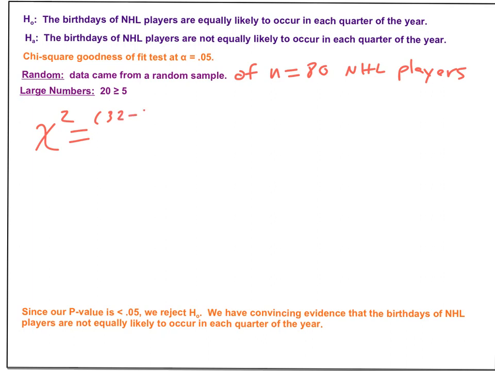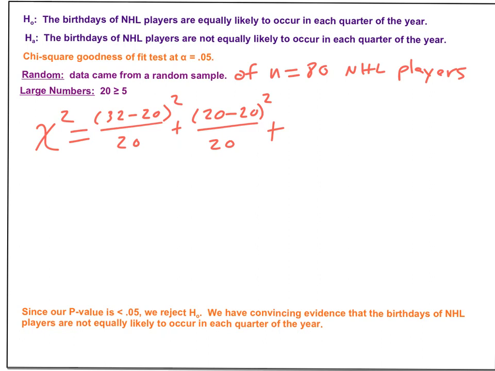I'm just going to write out all of them here just because this one's not that bad to do. There's the contribution for quarter number 1. Take a look at this. That's a good one to highlight because we had talked in the previous example that large chi-squared values are evidence against H0. In other words, that will be consistent with a small p-value.